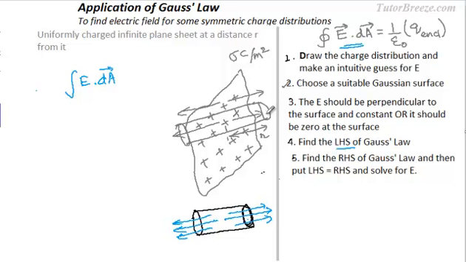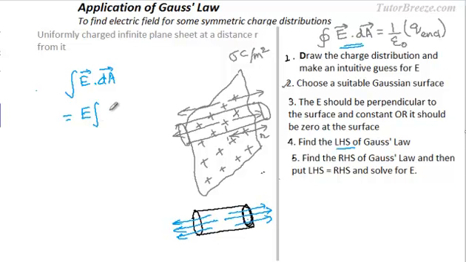Now at the ends of the cylinder, which are at a distance r from the sheet, the electric field is going to be constant, so we can put it outside the integral, and the angle between E and dA is 0, so this will be E dA cos 0, and cos 0 is 1.